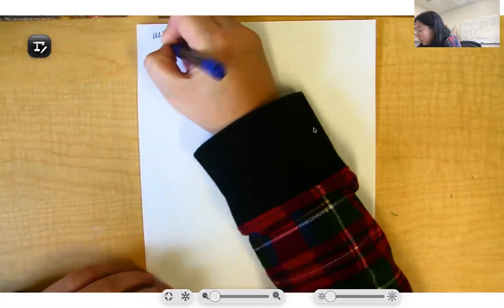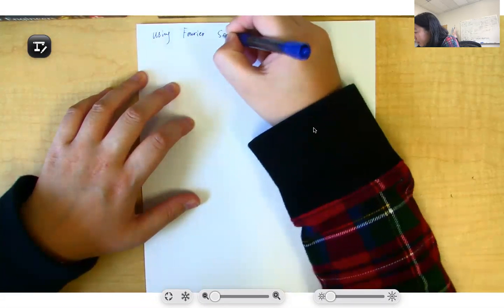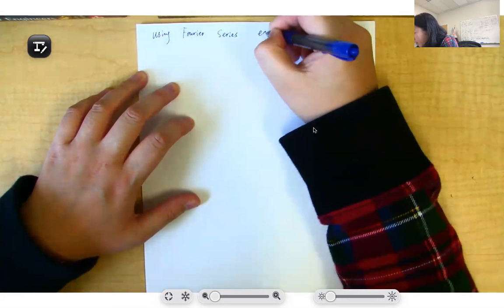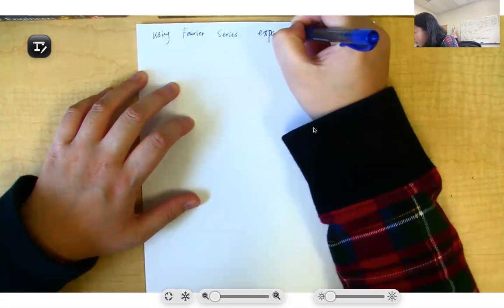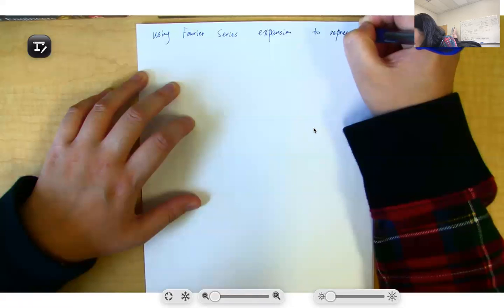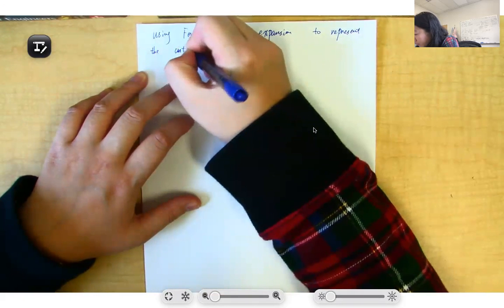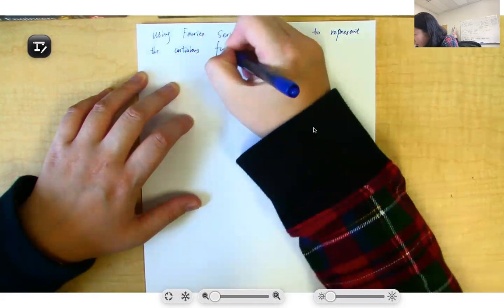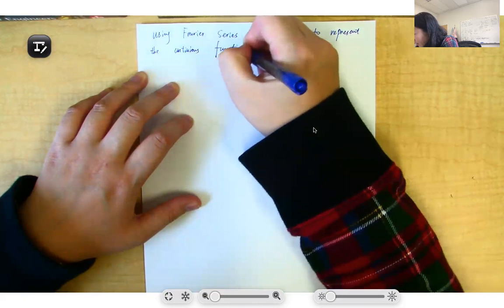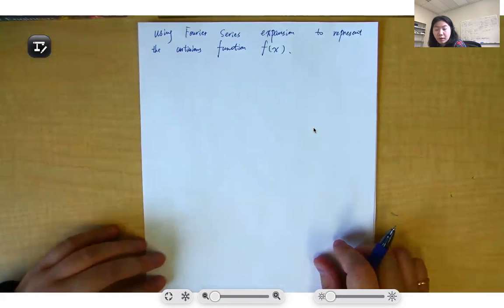Okay, so use Fourier series expansion to represent the continuous function f(x). And let's just remind ourselves regarding the Sturm-Liouville problem example.